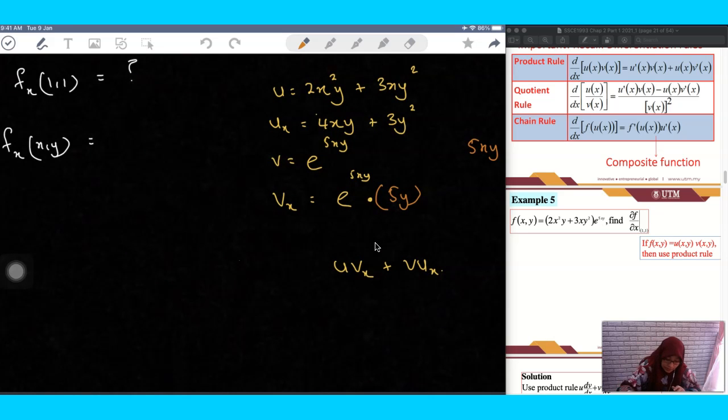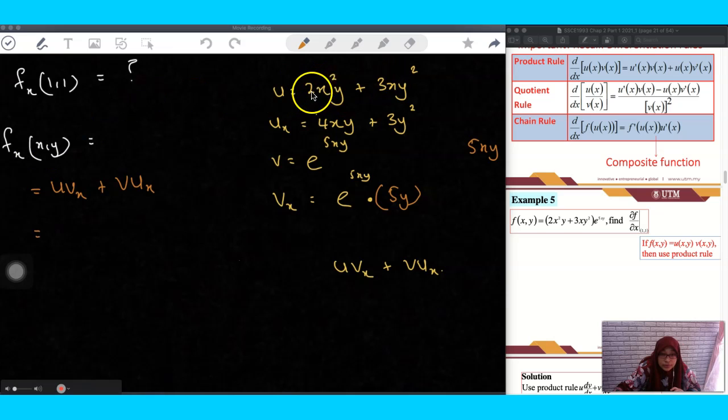Then back to the question, you want to obtain the fx. The formula is u vx plus v ux. So you just substitute: u multiplied by vx plus v multiplied by ux.